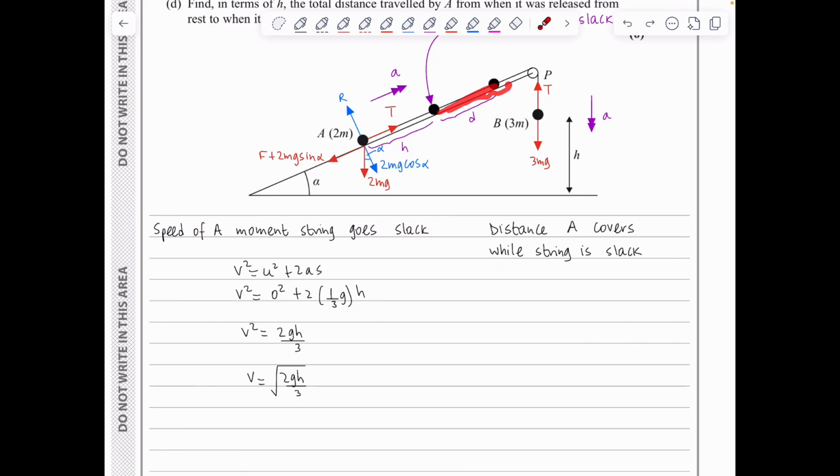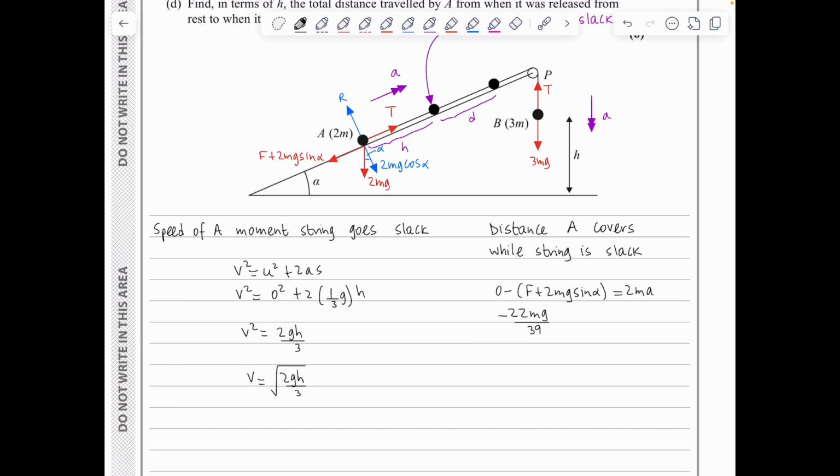Now, the moment the string goes slack, there is no longer tension in the string, so we've got a new acceleration. So to find the acceleration for this part of the journey, I just need to consider that there is no force acting upwards. It's just the friction and the component of the weight acting down the plane. So we've got 0 minus the F plus 2mg sine alpha is equal to 2ma. So we're looking at minus 22mg over 39.